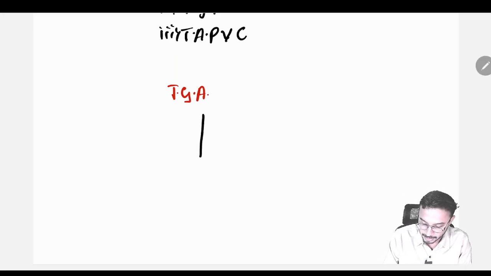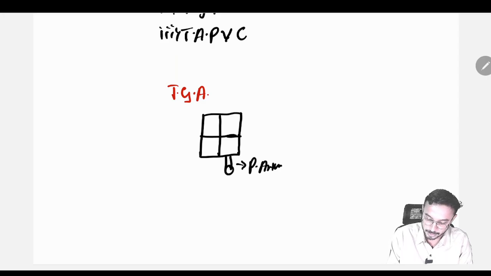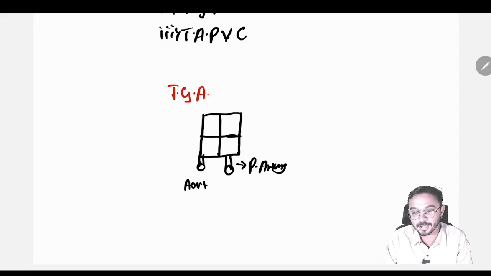So what actually happened over here is, same story, right atrium, right ventricle, left ventricle, but here after the left ventricle the aorta will come normally, but in this condition here it is the pulmonary artery. Okay, but here the aorta will be coming from the right ventricle. So the aorta will be pumping what blood? Tell me.